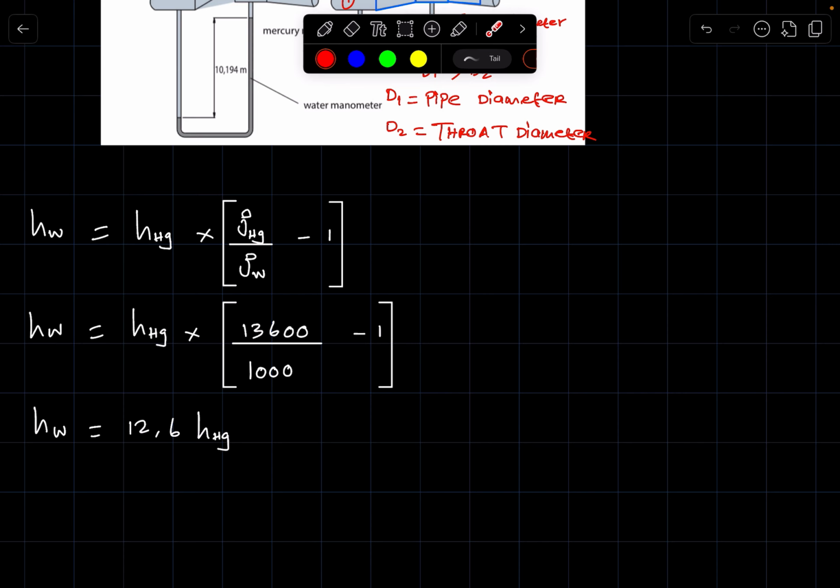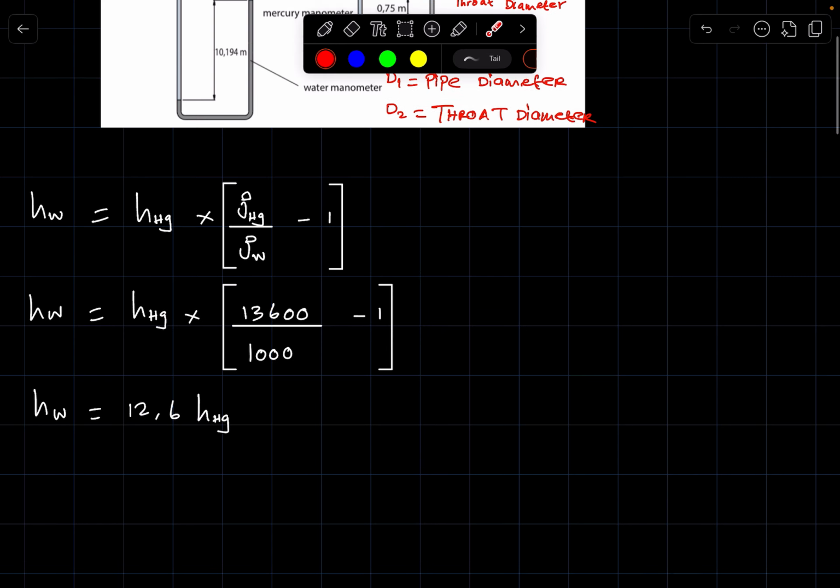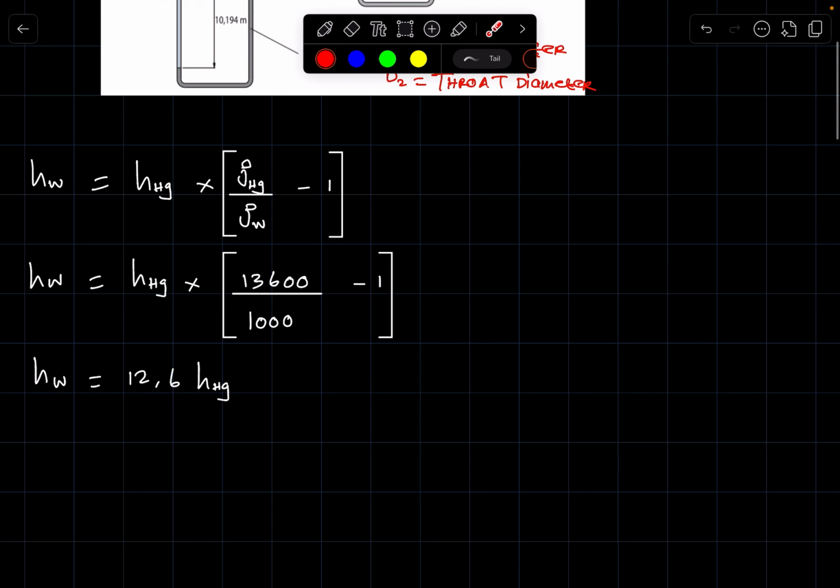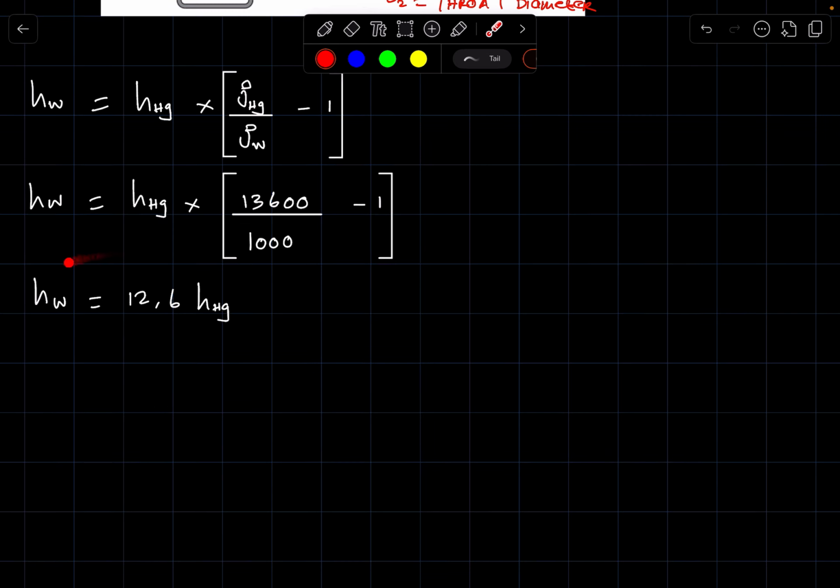To cut a long story short, hydraulic systems only make use of fluids that are incompressible for the system to be able to do work, whereas pneumatic systems make use of fluids that are compressible, so essentially gases. That is just for interest's sake. Now, that is where this formula comes from.